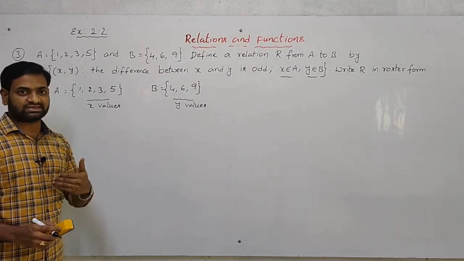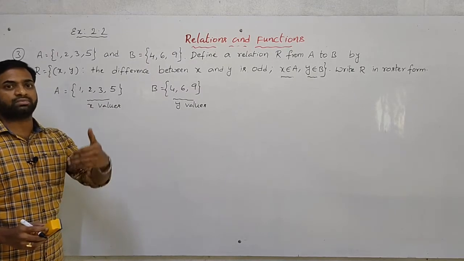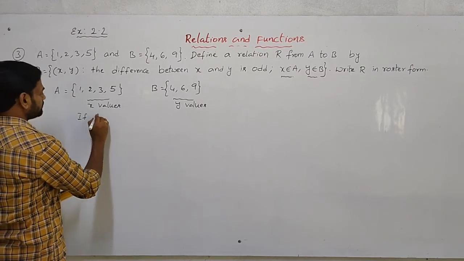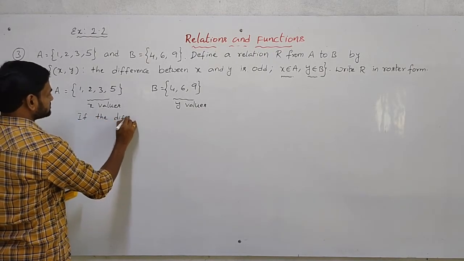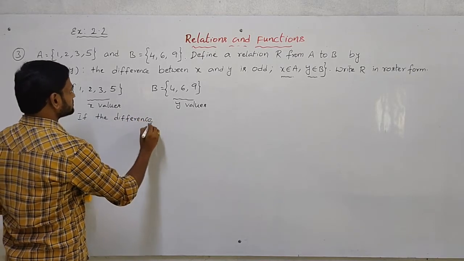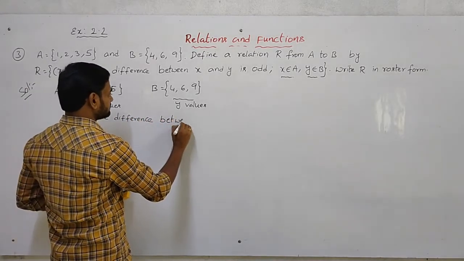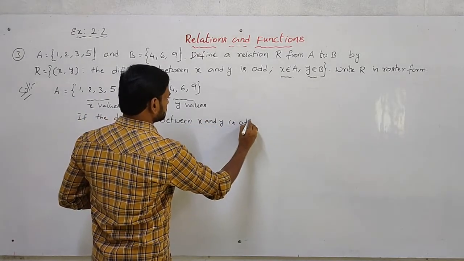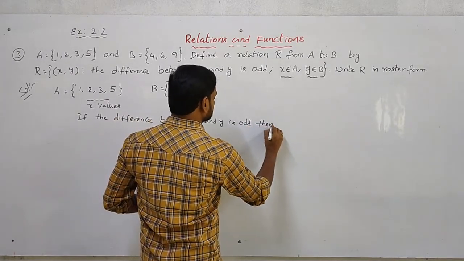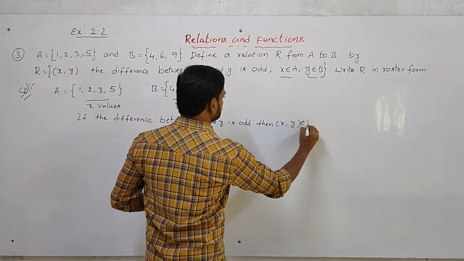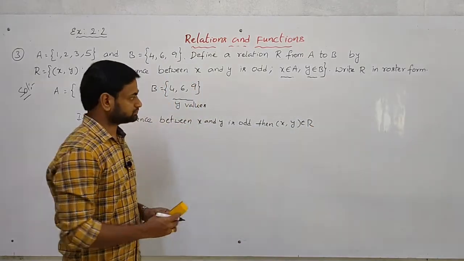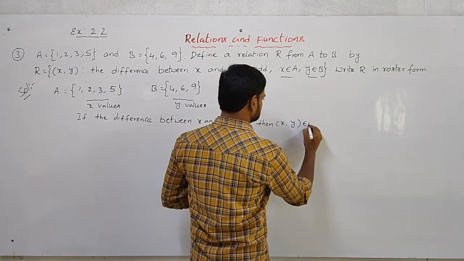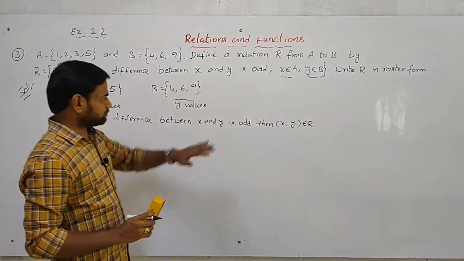If the difference between x and y is odd, then x comma y belongs to R. So I am adding the condition: if the difference between x and y is odd, then x comma y belongs to the relation R. It is one way condition.